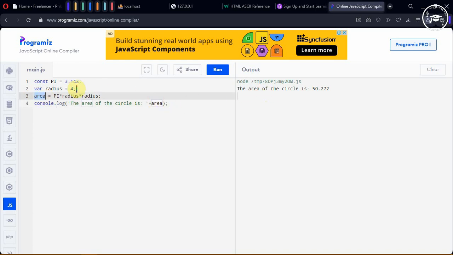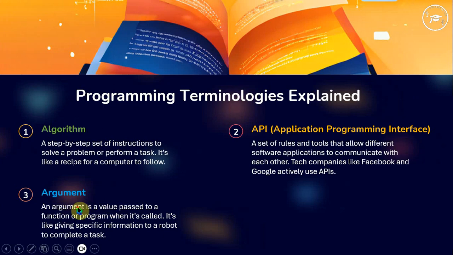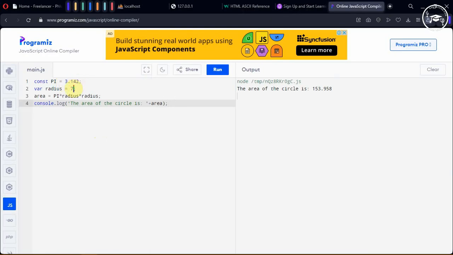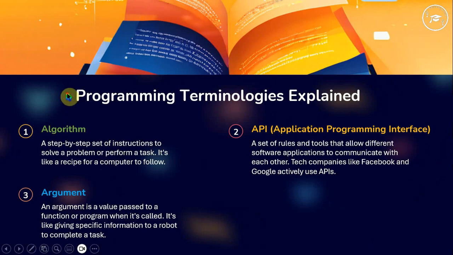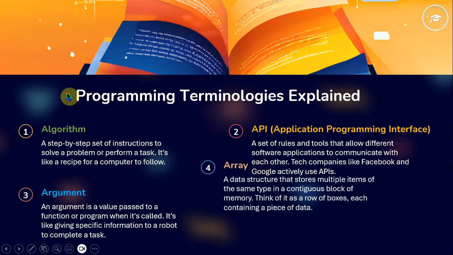And anytime we change the number, the argument will also change. Right. So we are creating an argument for this program, this simple code, to create a specific answer for us based on what we have given, the values we have given it. So that is what we mean by, so an argument is a value. So we pass the value of 3.142 and 7 so to allow us to be able to do what? Get the required results we want.